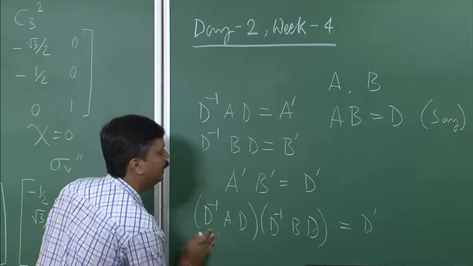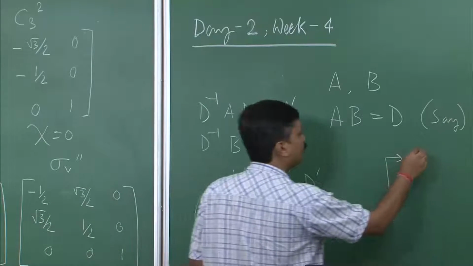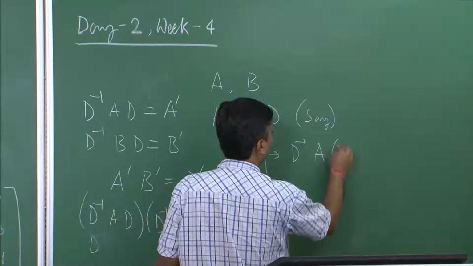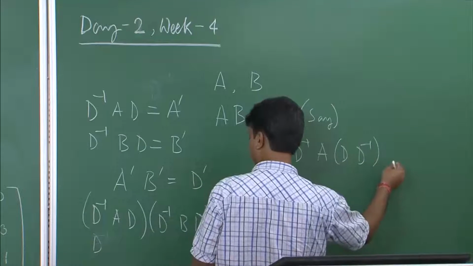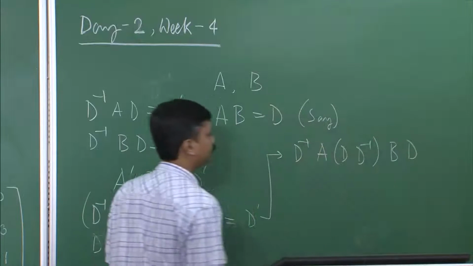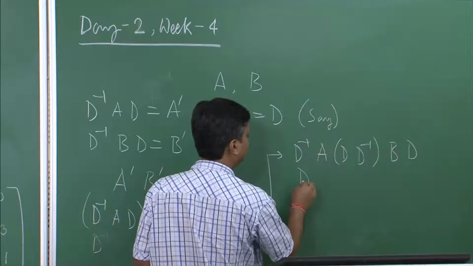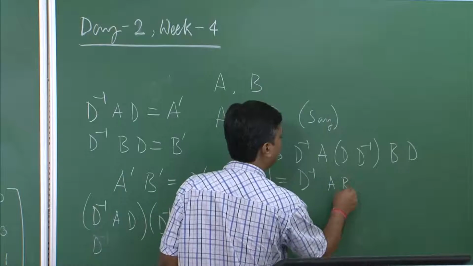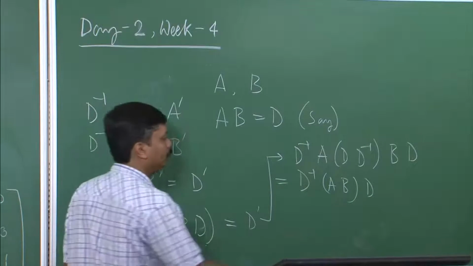So, maybe I should write it here so that you can see. So, D inverse A, D D inverse B T. So, this part is identity. Therefore, I can write this is equal to D inverse A B D. Fine.